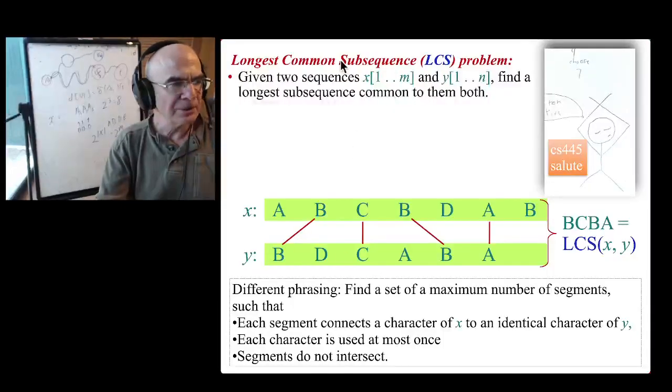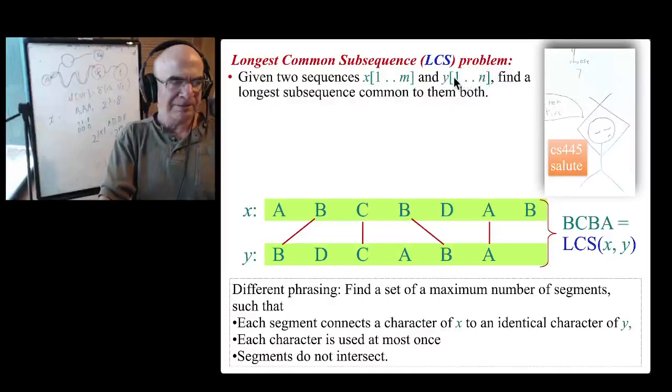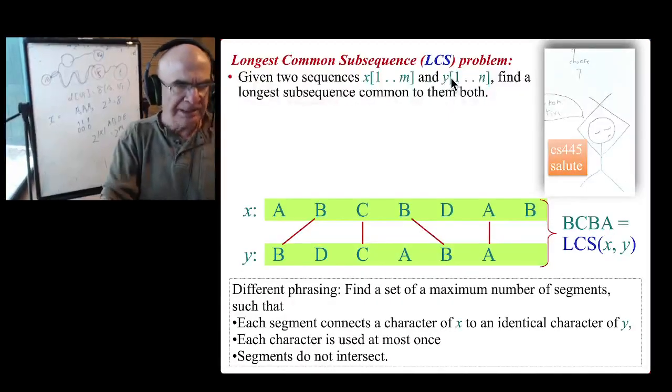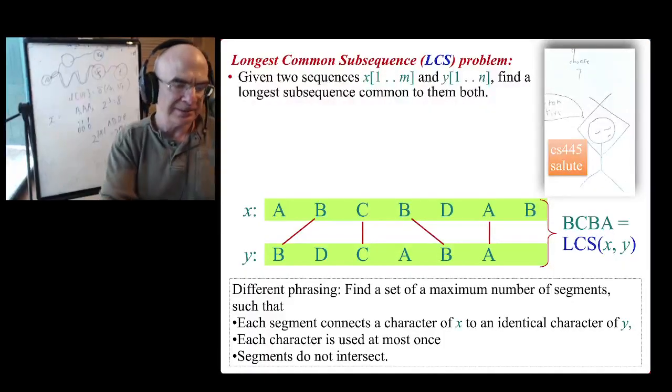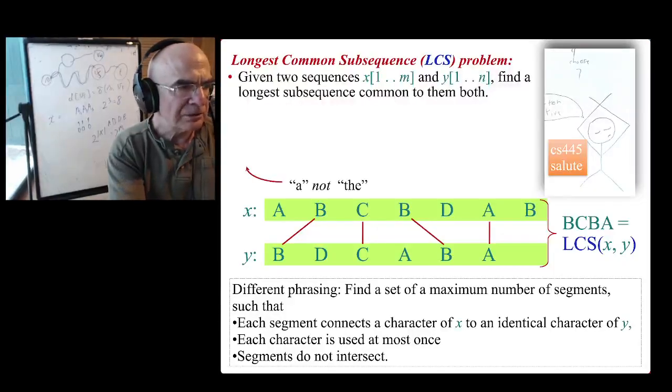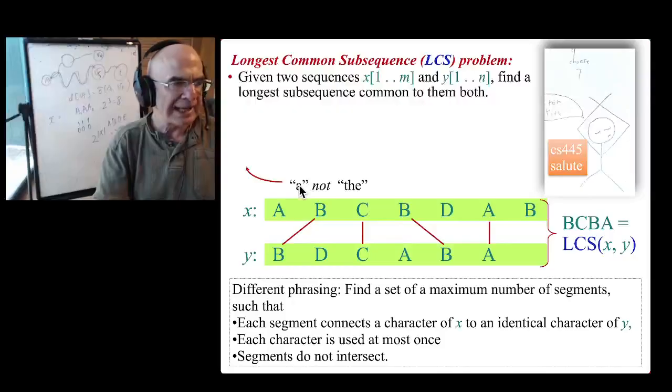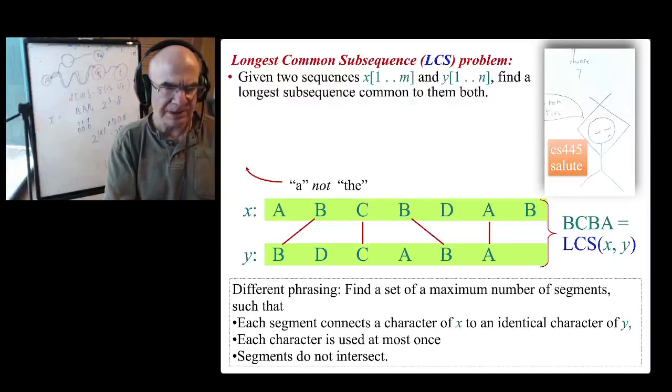Okay, so LCS defines, over all the exponentially many subsequences of X and exponentially many subsequences of Y, finding only subsequences that are common to both, and telling me which is a longest one, the one that has the maximum number of characters. When I talk about the LCS, I'll talk about a longest one, not necessarily the longest one. The answer is possibly not unique. Possibly there are a lot of subsequences all with the same length.